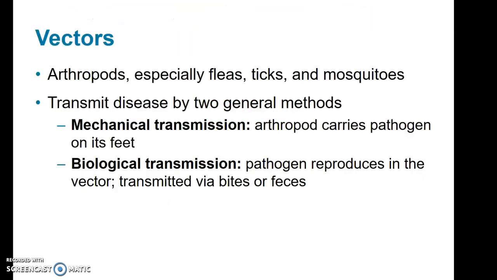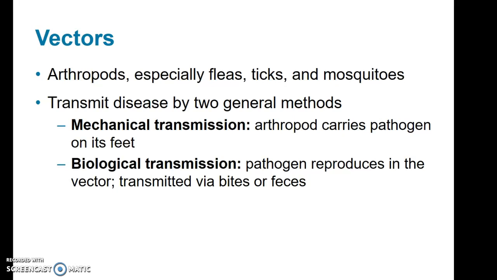Vectors are other living organisms, usually arthropods like fleas, ticks, and mosquitoes, that transmit diseases. There are two main methods for that, mechanical transmission and biological transmission. In mechanical transmission, the arthropod carries the pathogen on its feet.